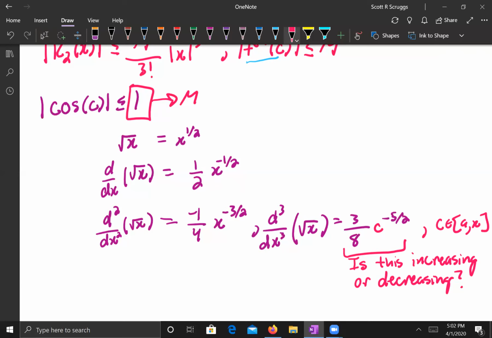Let's replace a and b with actual numbers so we can play with that. If I knew it was increasing, then my bound will be plugging in the right endpoint, and that will form my M. If it was decreasing, I would plug in the left endpoint, and that will quickly get my bound.